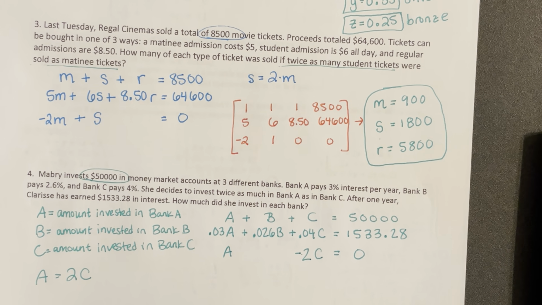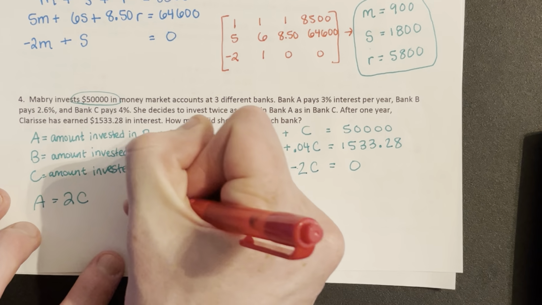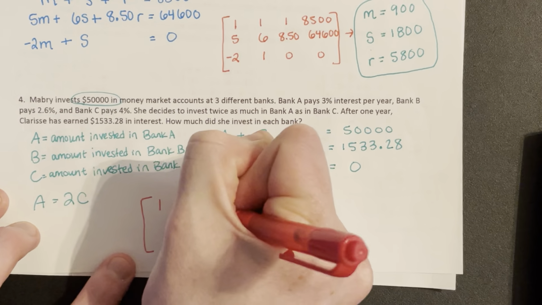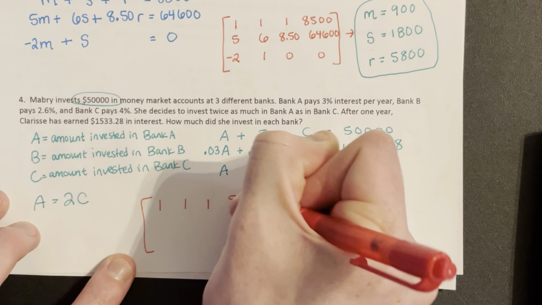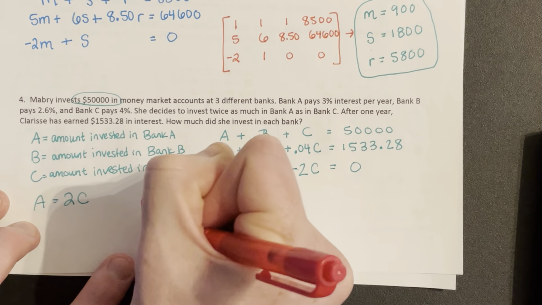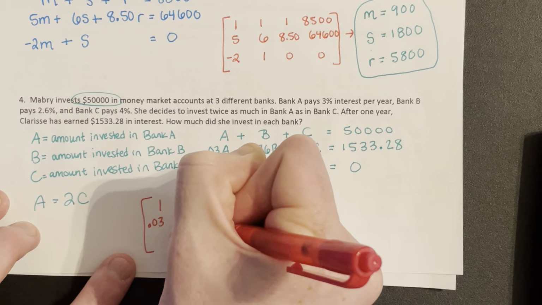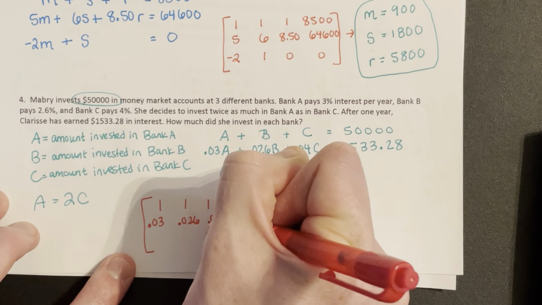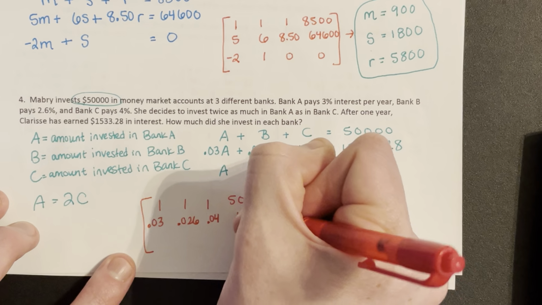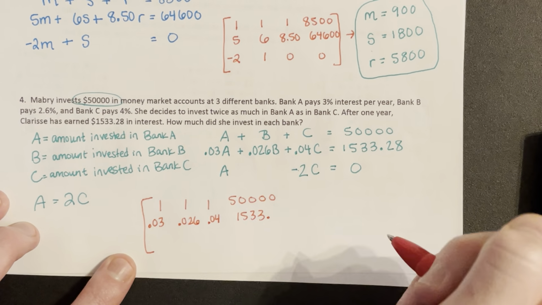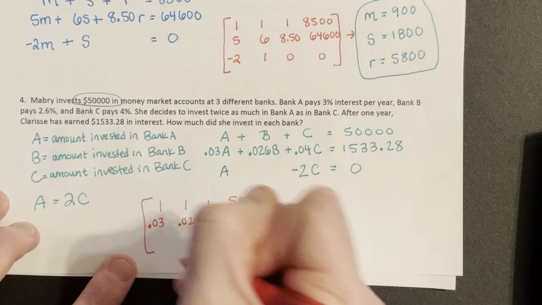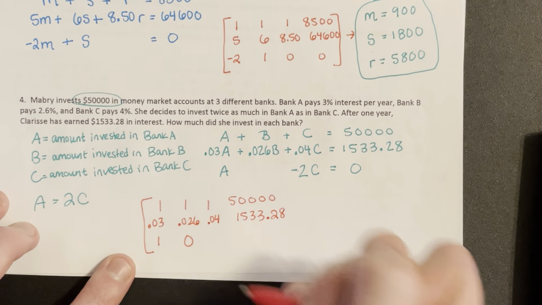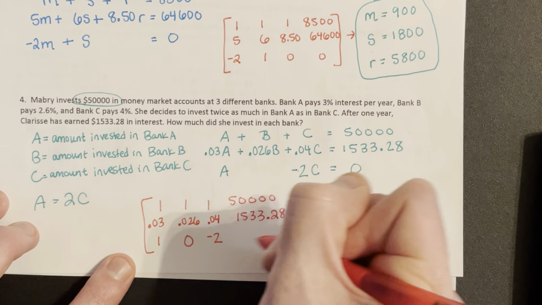Now I can make a matrix out of this. So I've got 1, 1, 1, and 50,000. 0.03, 0.026, 0.04, and 1533.28. 1, 0, negative 2, 0.